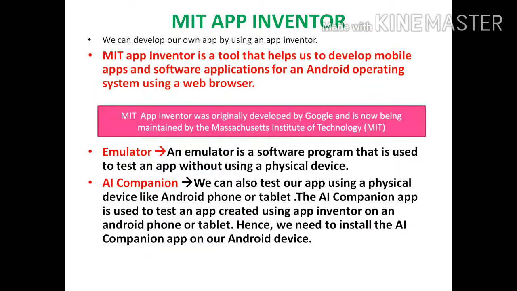So if you want to test your app by using a physical device like an Android phone or tablet, you can do it by using the AI companion. For this, you have to install the AI companion app on your Android device. Okay students, so I hope it is clear to all of you: what is MIT App Inventor, what is the emulator and what is AI companion. Okay, now we will move to the next slide.